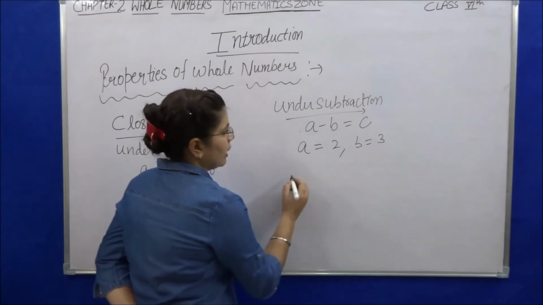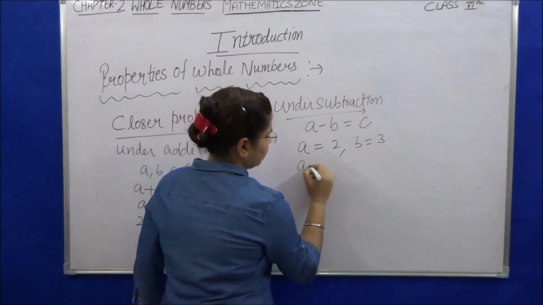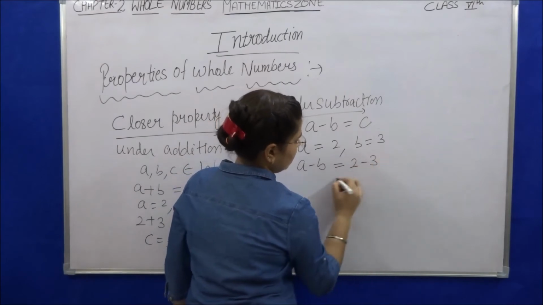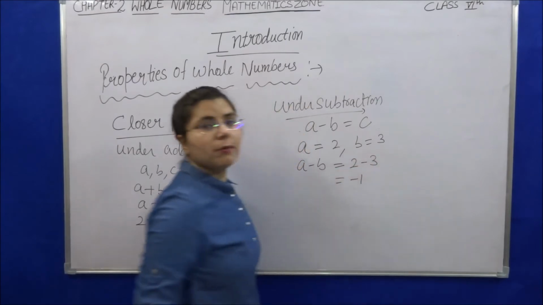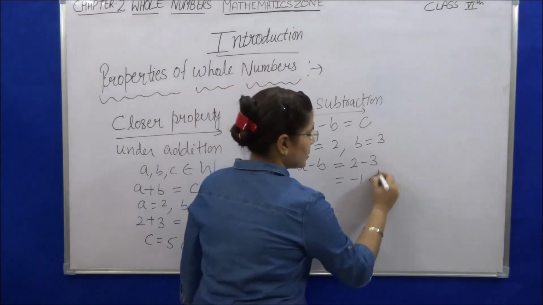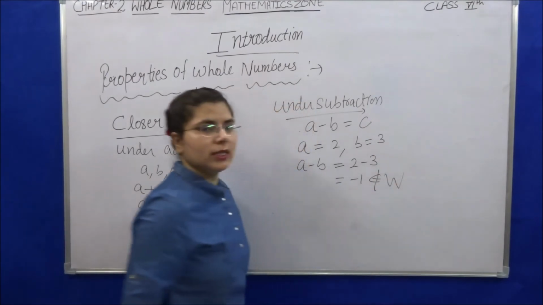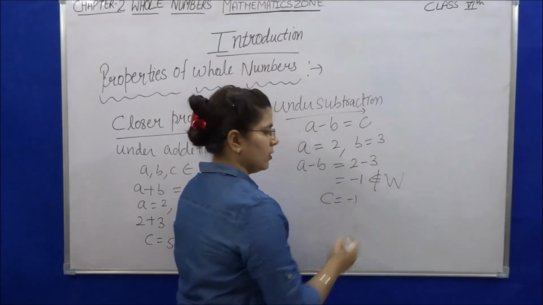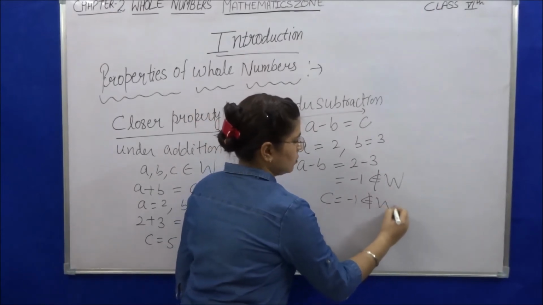Now a minus b will be 2 minus 3, which is equal to minus 1. But minus 1 does not belong to whole numbers, so c, which is minus 1, does not belong to W.